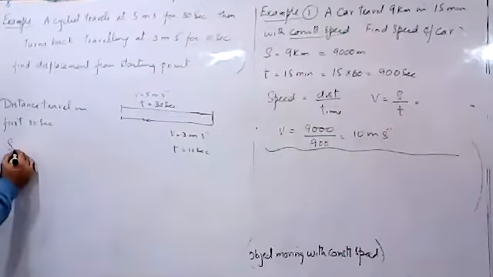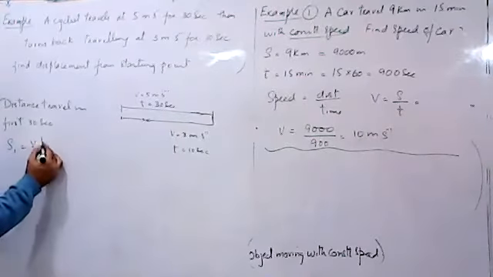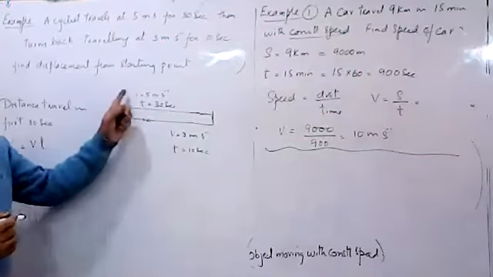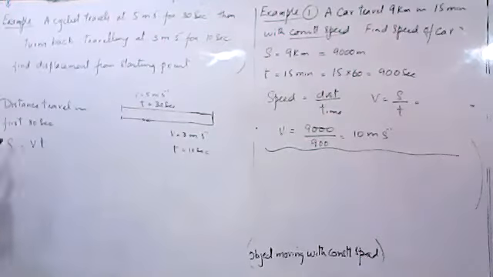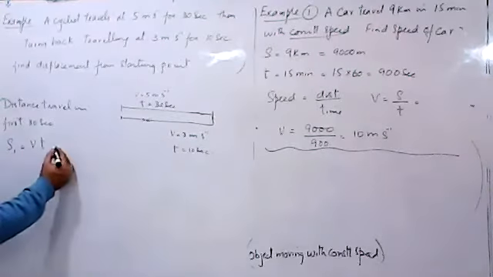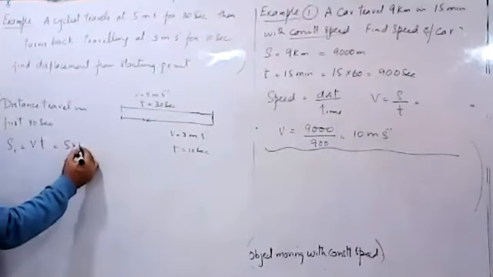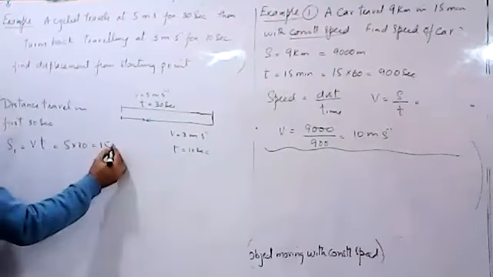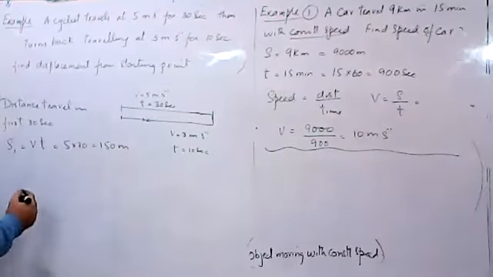I'll use S1 is equal to Vt because it is traveling with a constant speed, 5 meters per second. So I'm using S is equal to Vt. Speed is 5, time is 30, it will be 150 meters.